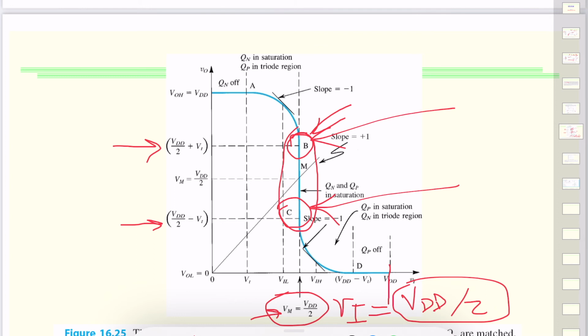So hence VDD by 2 plus VT, and VDD divided by 2 minus VT. So hence we can see that we are going from QP operating towards QN operating and vice versa. So at this point, QP enters the triode region, while we could say that QN is also entering the triode region, depending on whichever way we are going.